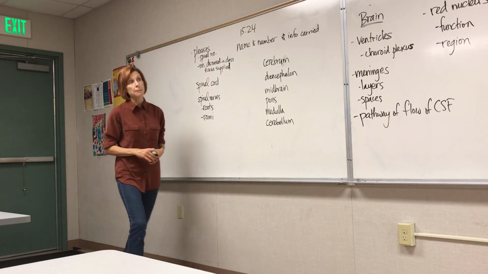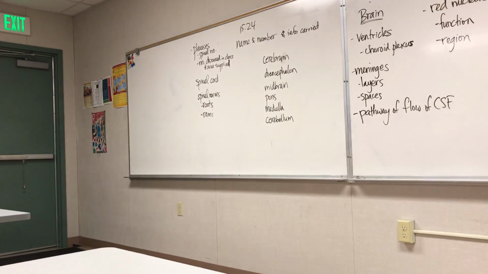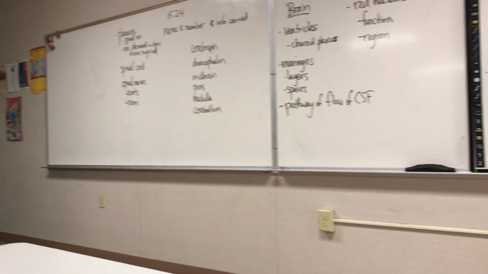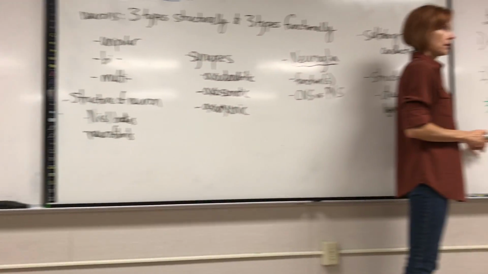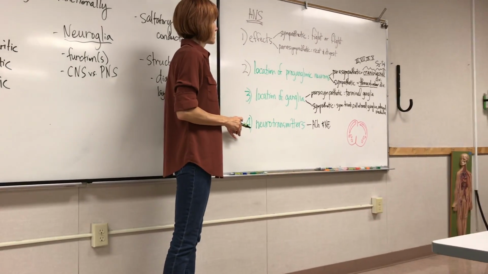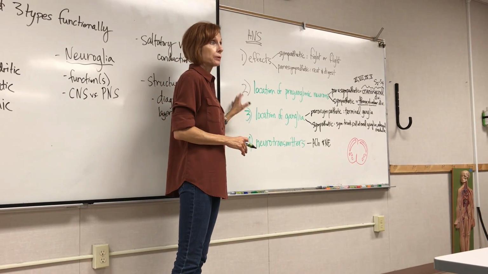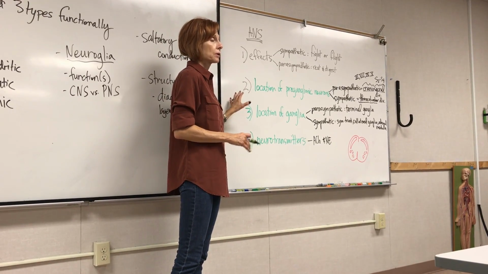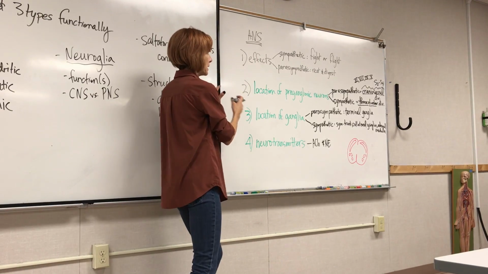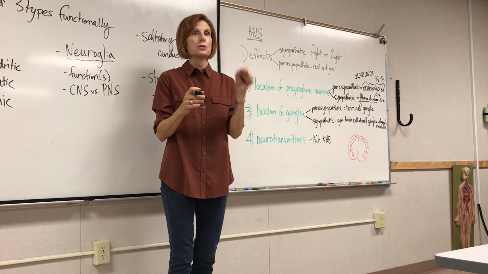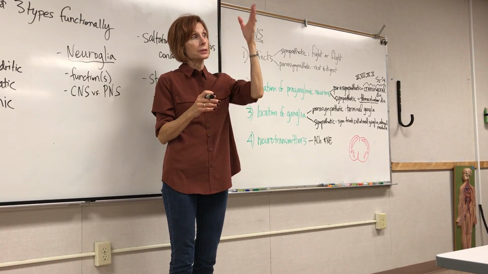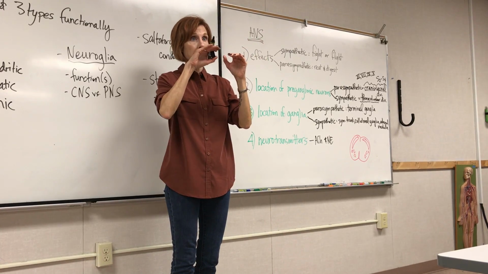Okay, and then the autonomic nervous system. So for the autonomic nervous system, these are the 4 things you need to know. Okay? And this is mostly just written exam material. Remember, for the practical, there's only the one diagram that shows the sympathetic trunk and the 2 rami, right?